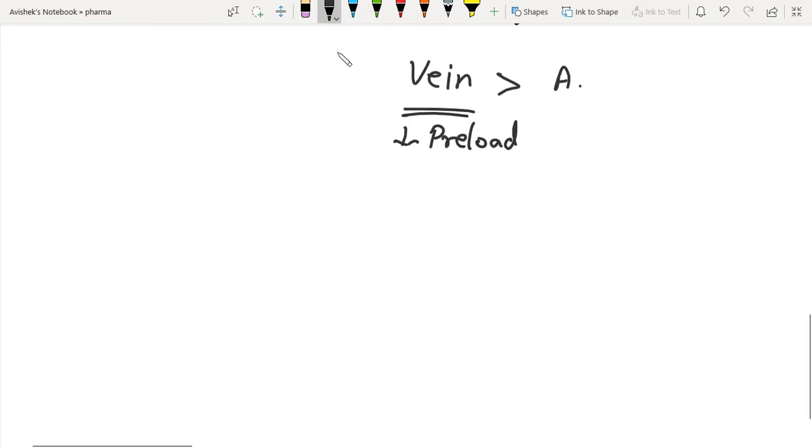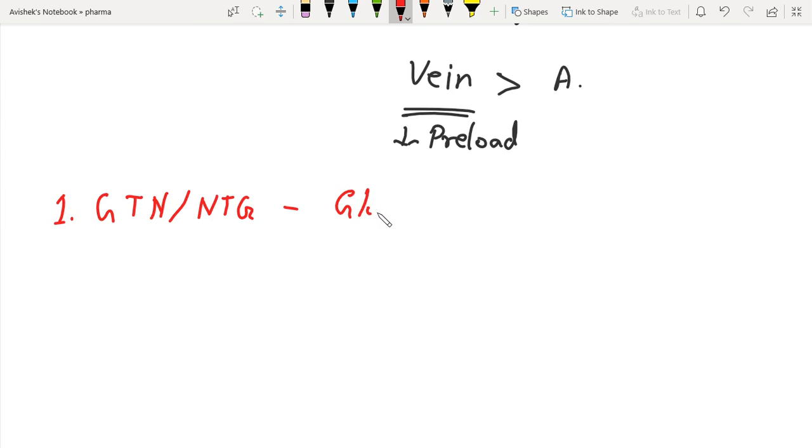So now, drugs of nitrates. GTN or NTG, this is glyceryl trinitrate. This is also commonly called nitroglycerin.